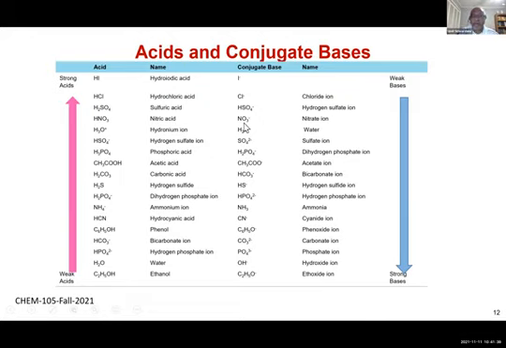This is the idea. Strong acids have weak conjugate bases. Weak bases have strong conjugate acids. So these are conjugate acids.